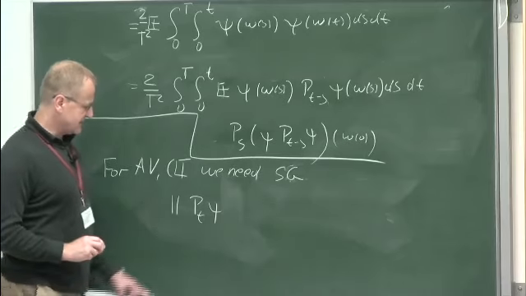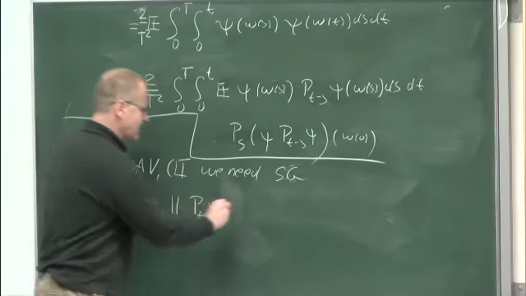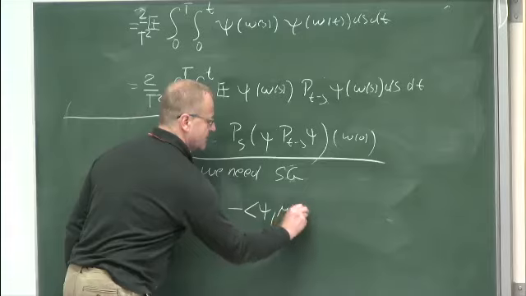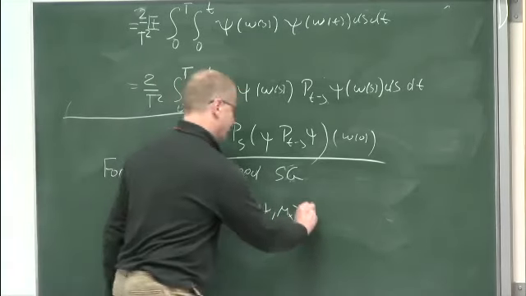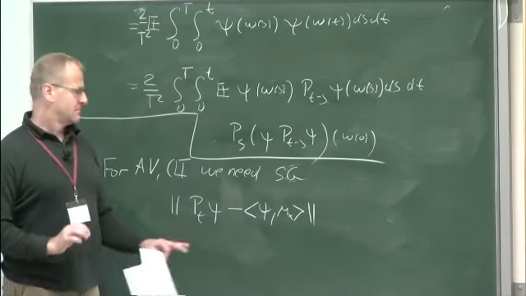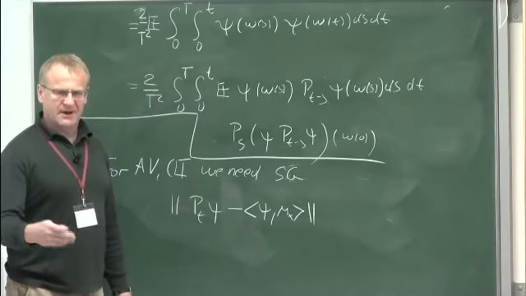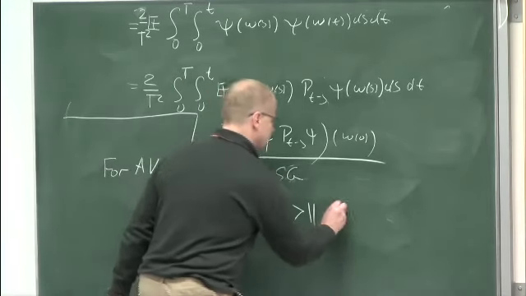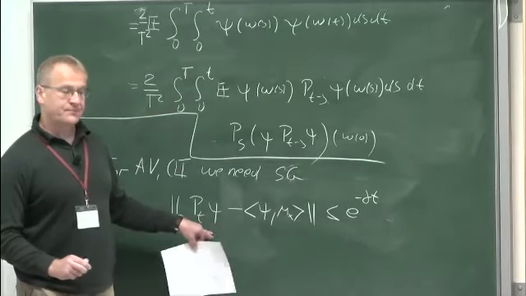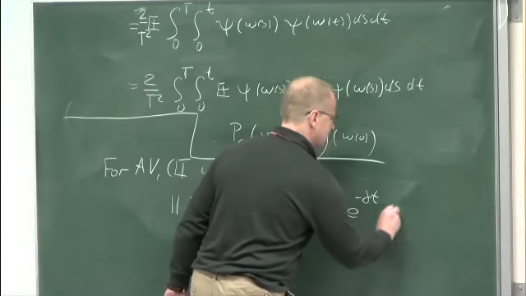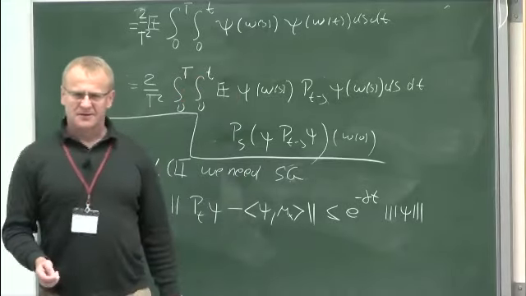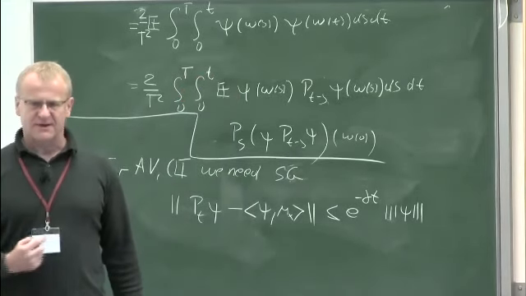I need that P_t psi minus psi integrated against the invariant measure, in some norm which I have some freedom to choose, is bounded by e to the minus gamma t times maybe another norm of psi. So that's what I need.